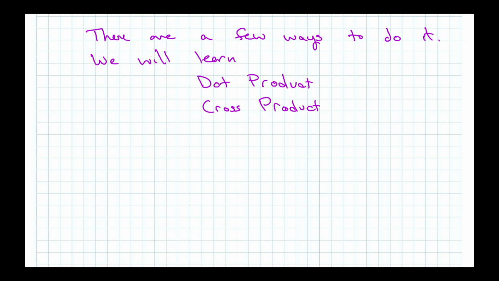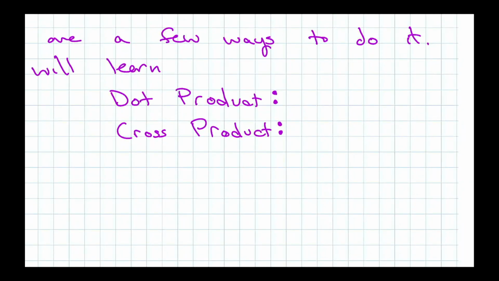Okay, and again, what I already said is true. These have different uses, and that's why we define them. So a dot product, you write this way with a dot, and a cross product we write with the other way that you've used in your life for multiplication, with a cross.